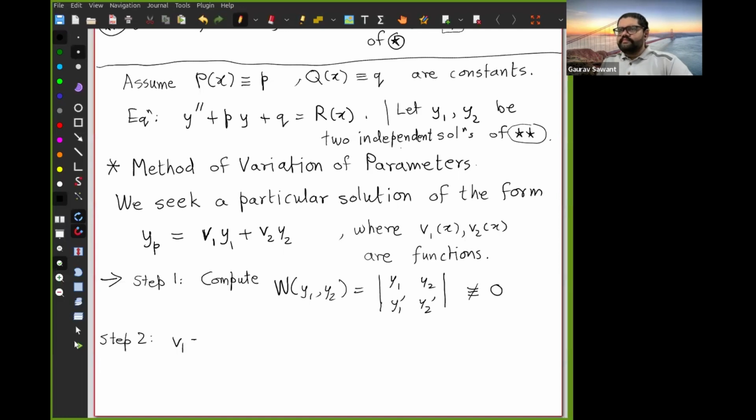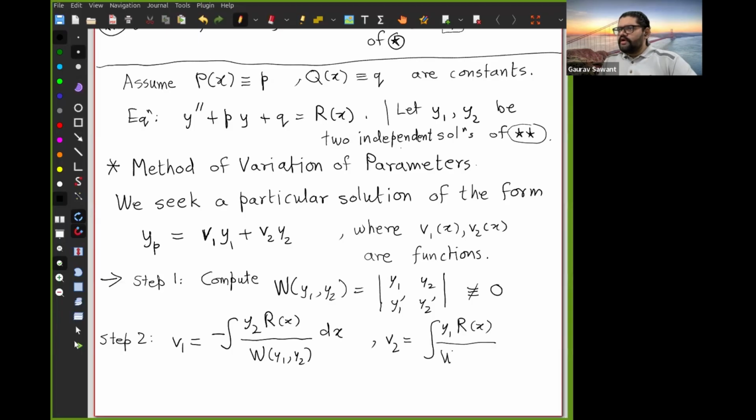So V1 is equal to minus the integral of y2 r divided by W(y1, y2) dx, and V2 similarly is plus the integral of y1 r(x) divided by W(y1, y2) dx.